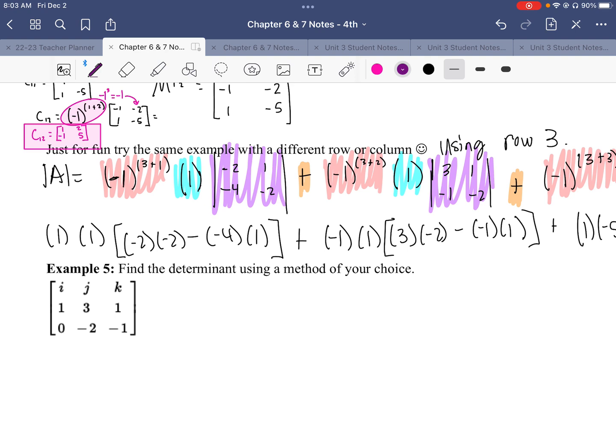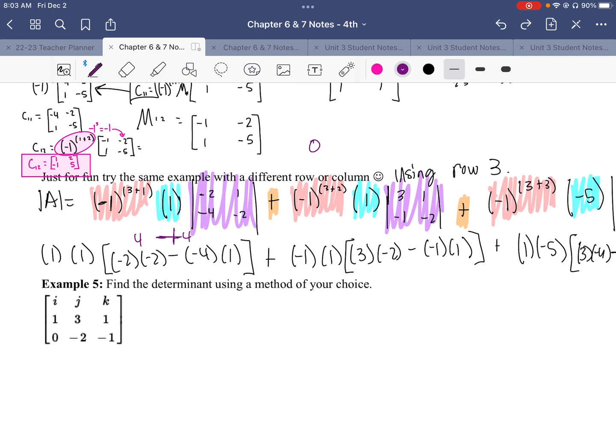So this is -2 times -2 is +4, and then it's going to be minus -4 times 1 is -4. So this is really 4 plus 4, which is 8. So this whole section right here is going to simplify down to 8. I'm actually going to write it up here. And then in here we have 3 times -2 is -6 minus -1 times 1 is -1, which is really +1.